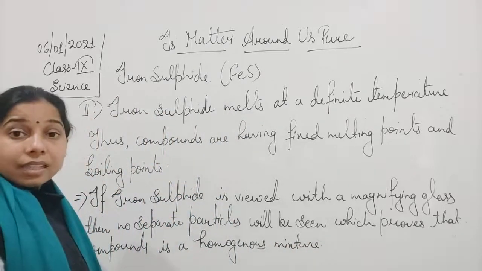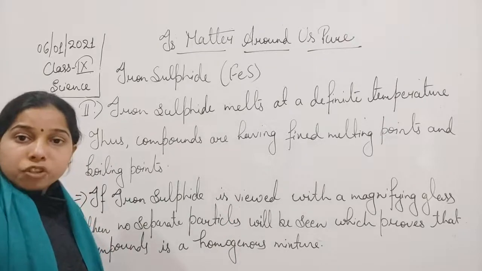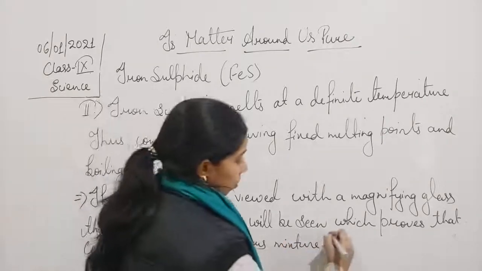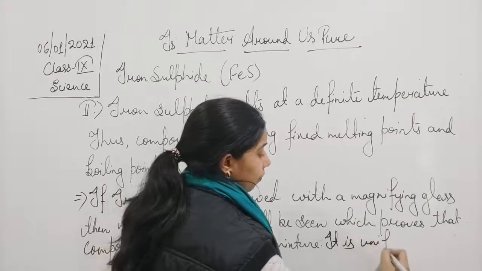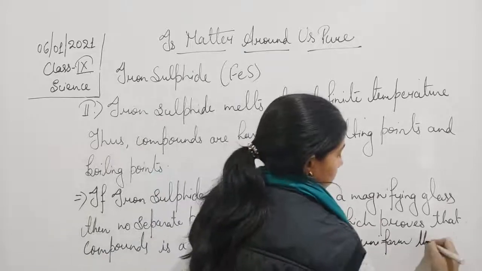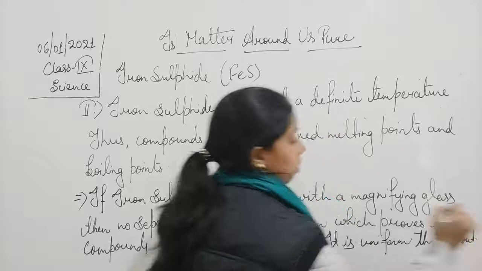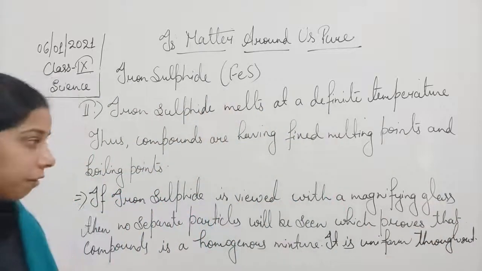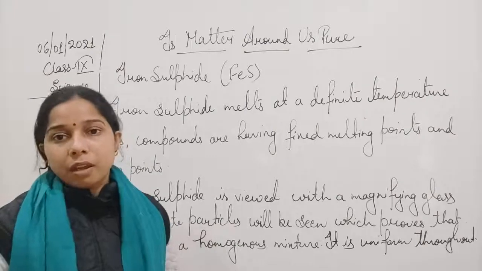It means it is uniform throughout the composition by mass. Okay, so it is uniform throughout the mass. So this was about the properties of compounds.